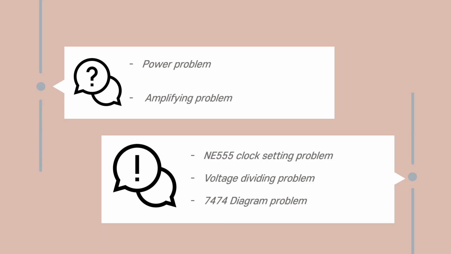Second, we had an amplifying problem. The two-stage amplifier circuit was designed first to confirm that the amplification was working properly. When the multi-stage amplifier circuit was constructed, with two common source amplifiers connected together, there was a lot of noise at the output stage.